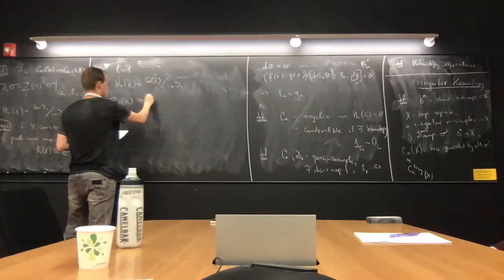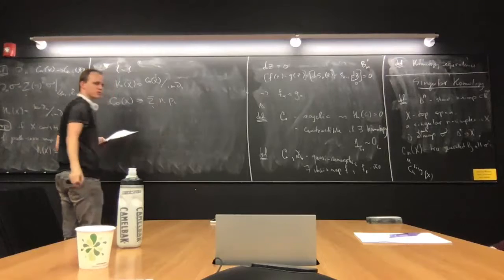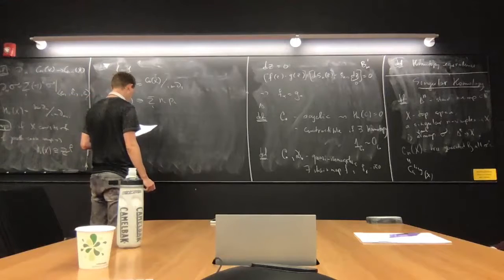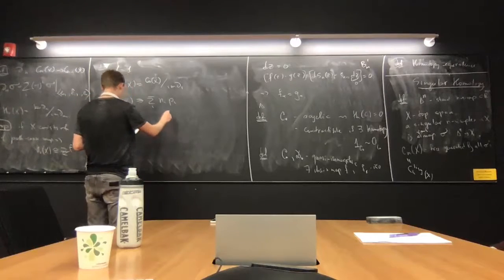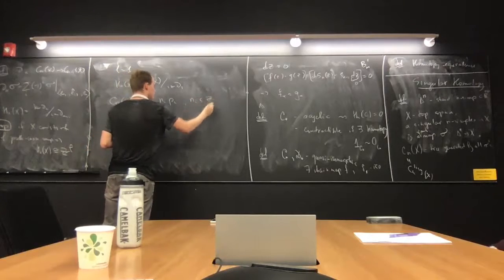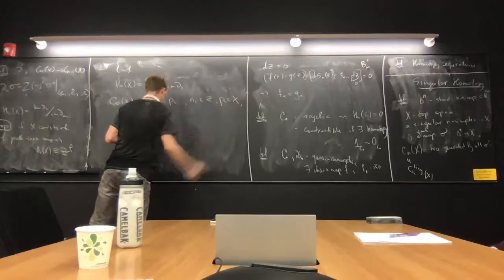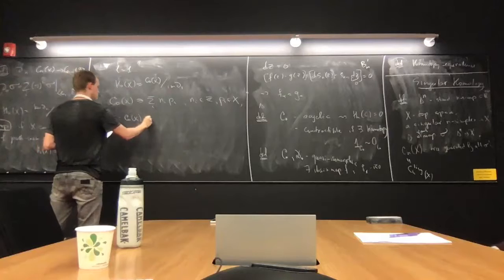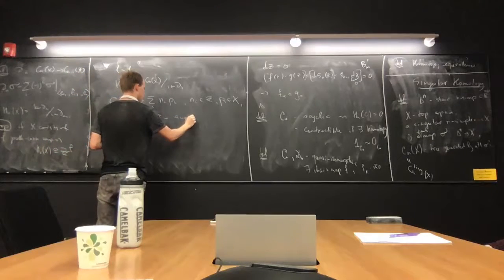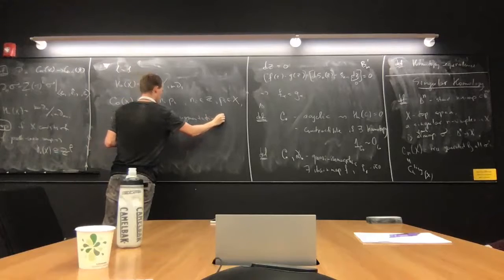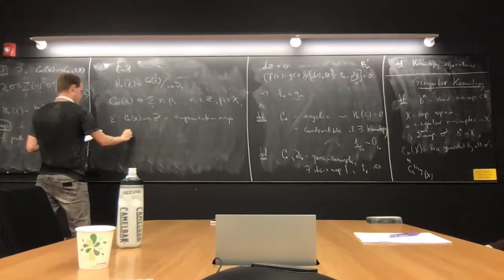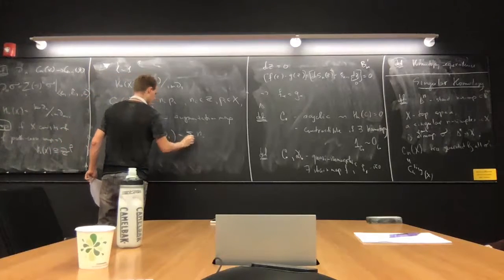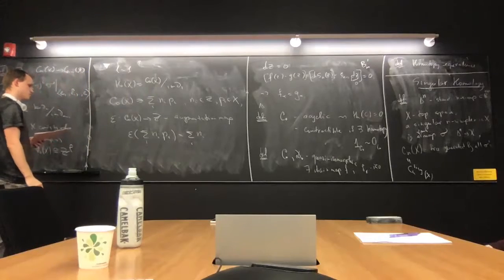It's just a formal sum over a finite number of points, sum of n_i x_i, where n_i are in Z. Let's define this map epsilon from C_0 into Z. It's called the augmentation map, by epsilon of a linear combination of points is equal to the sum of these coefficients. So it just counts the total multiplicity.